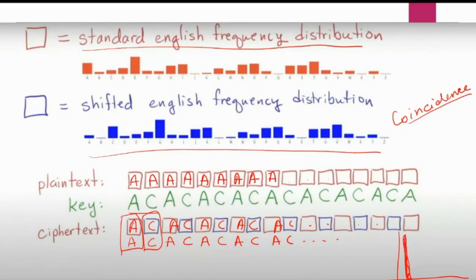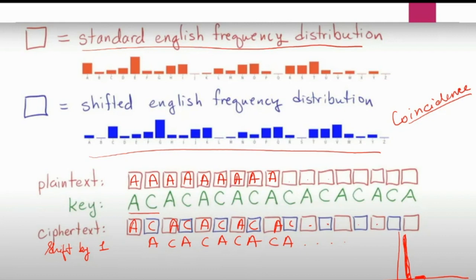What if I shift my cipher text by 1? Let me write it like this: AC, AC, AC, and so on. Now, how many coincidences are there? Zero coincidences.